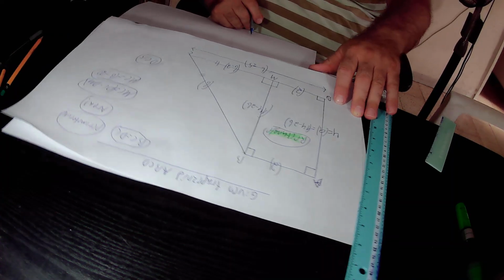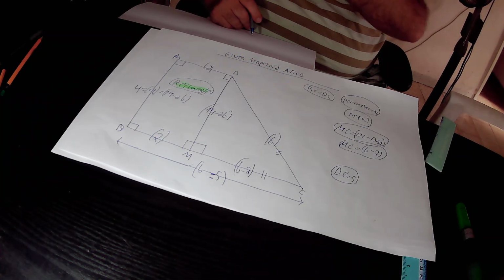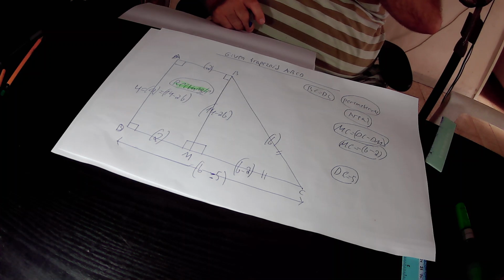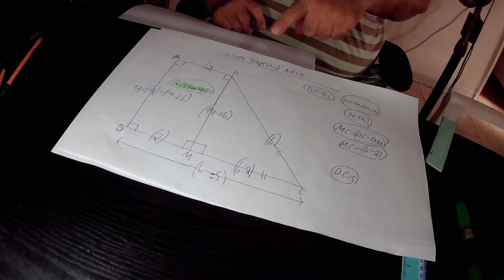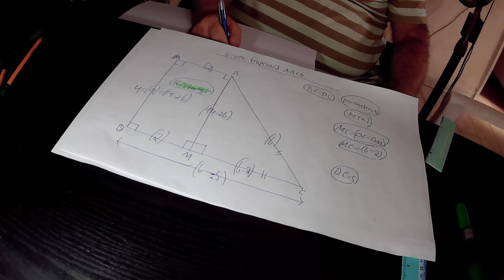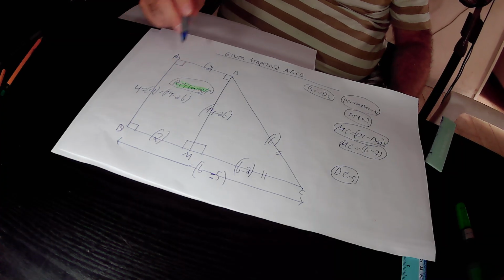According to the formula that I presented to you in the beginning of the lecture, the area of trapezoid ABCD must be equal to the sum of its two parallel bases, that is AB plus DC, times the height. The height is AD. Why is the height AD?